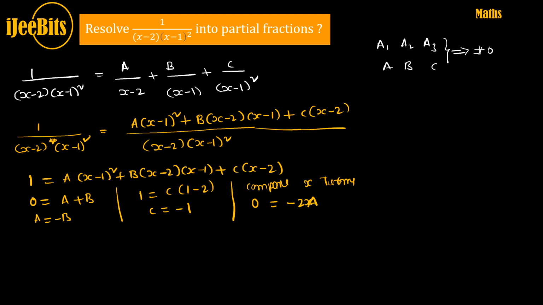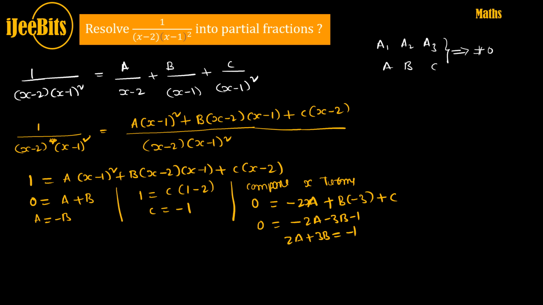Minus 3x, so plus b into minus 3. Here c only, but c already is minus 1, so 0 equal to minus 2a minus 3b minus 1. So 2a plus 3b equal to minus 1.